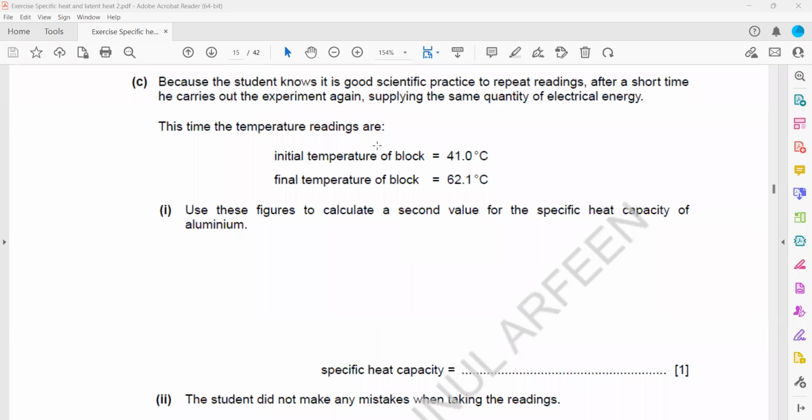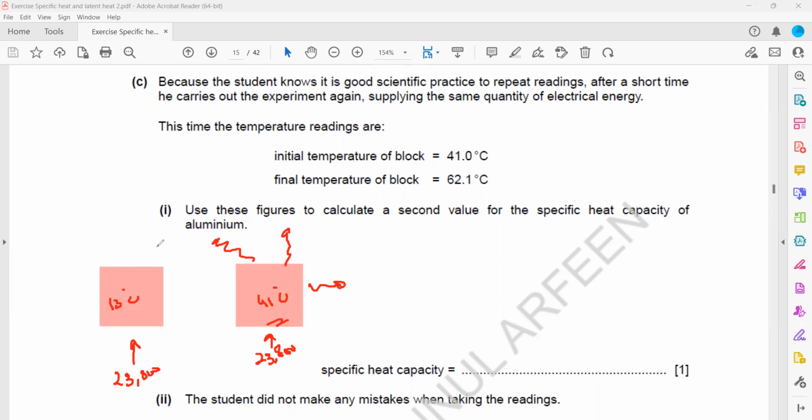The main difference is the starting temperature, because in the first experiment the block was at 13.1 degrees centigrade, but in the second experiment the block was at 41 degrees centigrade. So when we supply the same 23,800 joules to the same block but at different initial temperature, the one with the higher initial temperature will lose more heat energy to the surrounding, while this one will lose only a small amount of heat energy to the surrounding. That's why the two values are different from each other.